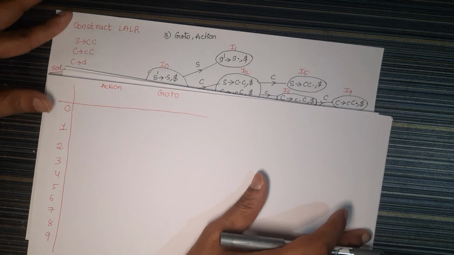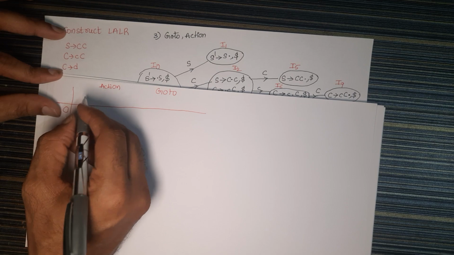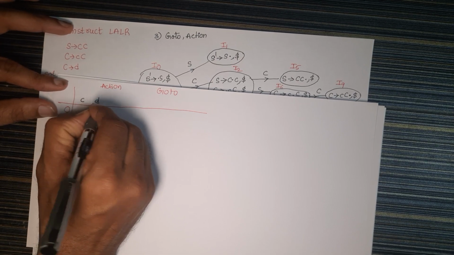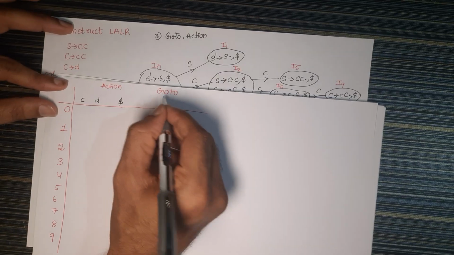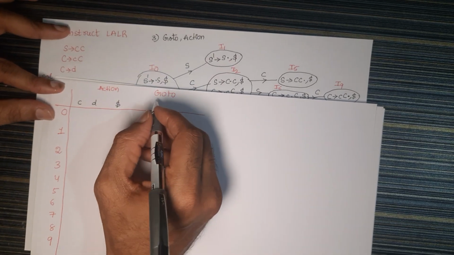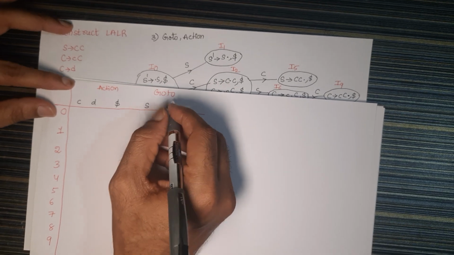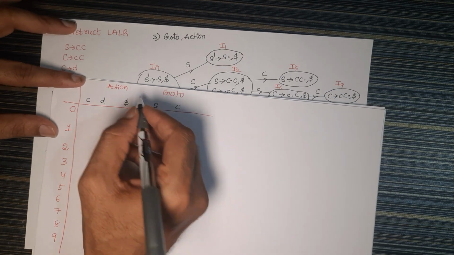In the action part I am going to write the small values c, d as well as the dollar. In the go to part we will write capital letters, so in the given production the capital letters are capital S and capital C. So this is called action and go to.